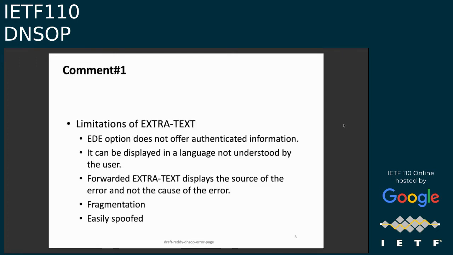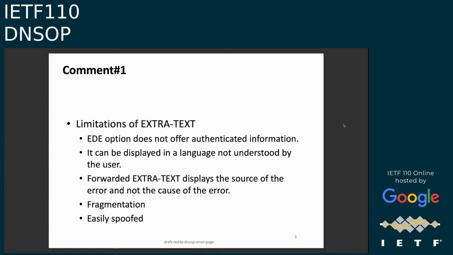So the extra text field in extended error codes is not authenticated, so it can be spoofed. There's no way to display anything in a particular language, which obviously you can do with the URI, because with web pages you can give people the language that they want. It displays the source of the error, not necessarily the cause of the error.